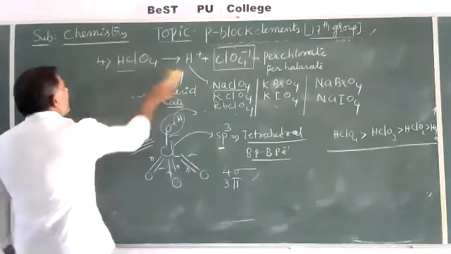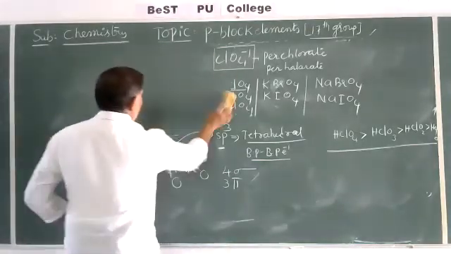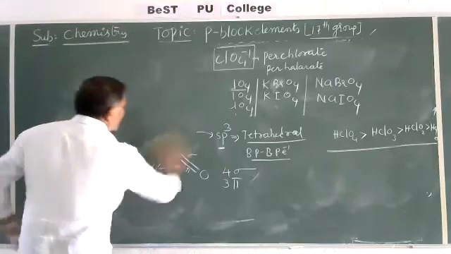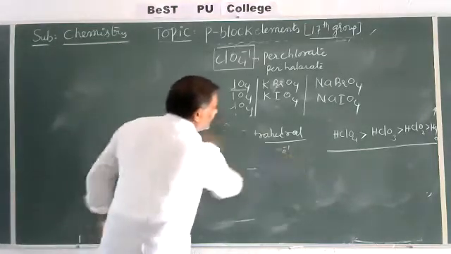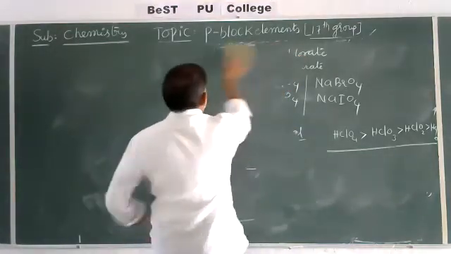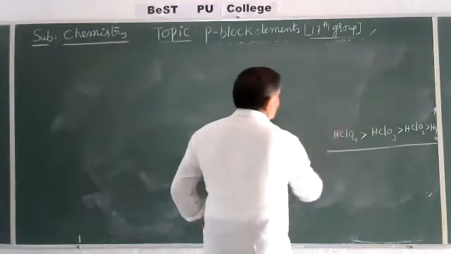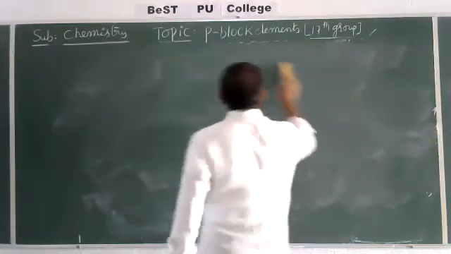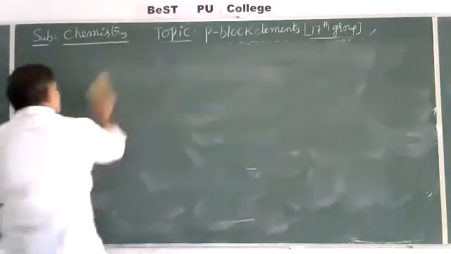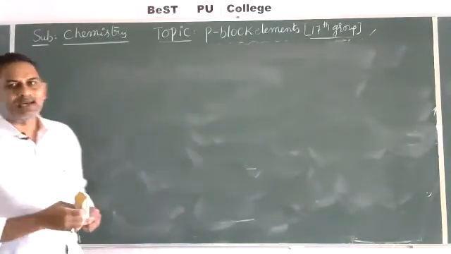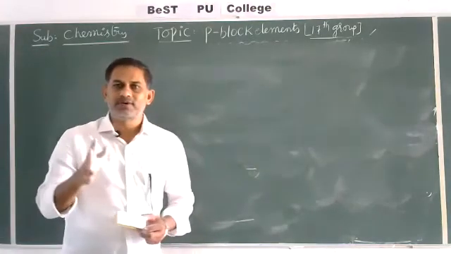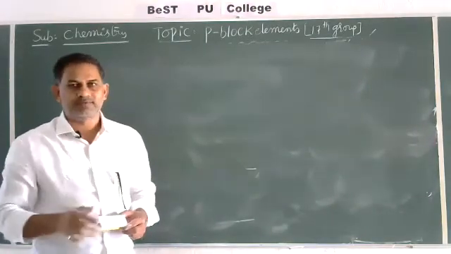Okay, on Monday I'll complete the interhalogen compounds, and I'll start new concepts, the last concept in this 18th group elements. Very simple topic. In this 17th group elements, the last topic, interhalogen compounds, is also very important, because based on that, one question is guaranteed.